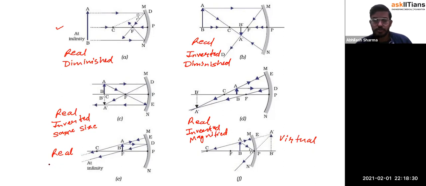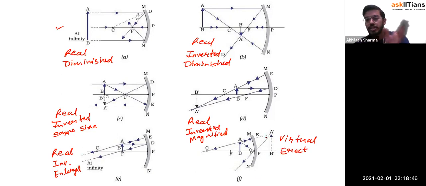And inverted also. So I would write here inverted and enlarged, magnified as we call it. In the last case, virtual. Well, first of all, it's erect. The image is in the same orientation as the object. There is no inversion. And the other thing is it's magnified.